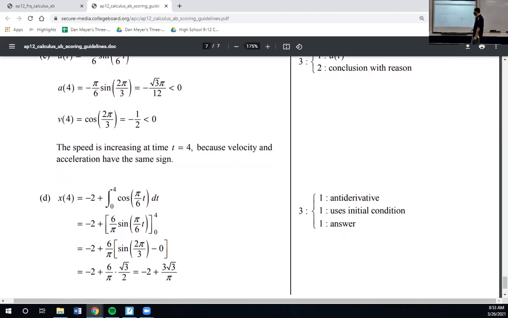We already figured out what sine of 2 pi over 3 was. So there is your answer on part D. So that's our process. Hopefully, everything there was kind of familiar and doable for you.